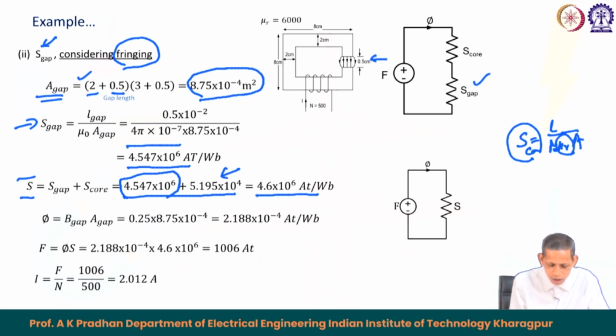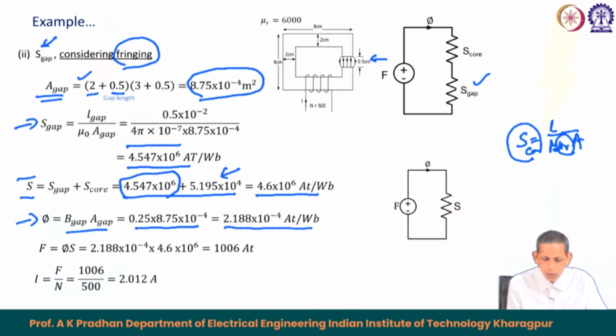So, now for this case phi equals B into A, B is given. So, from that B value we multiply by the air gap area to get phi. This is given because the air gap flux is given and we know the air gap area now. So, from there we find out the corresponding phi. This phi will be maintained throughout the two paths, both core and air gap.